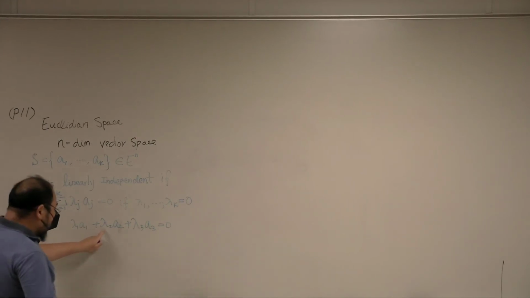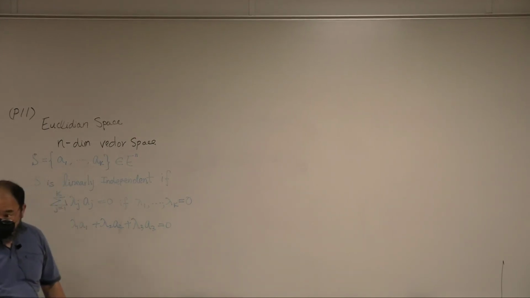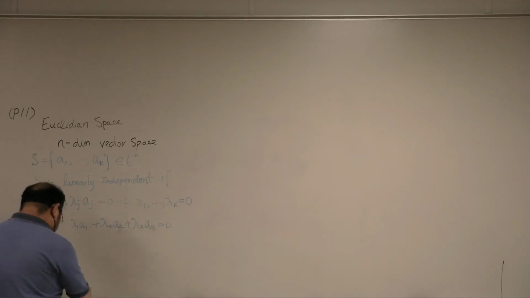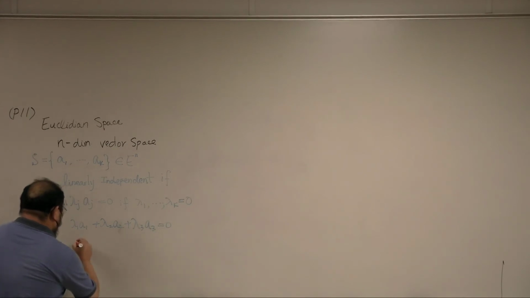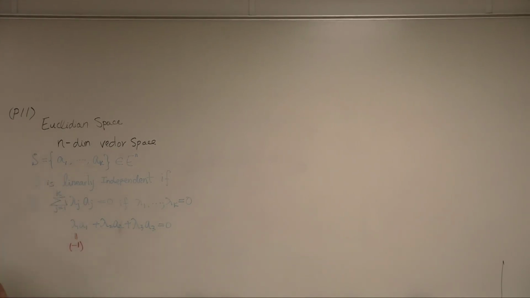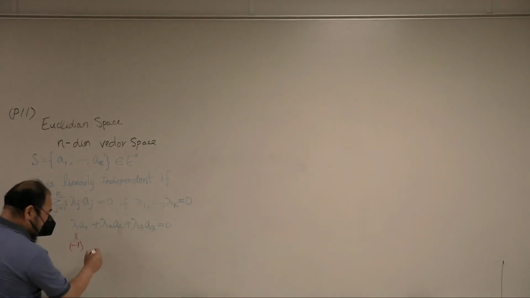If lambda 2 and 3 are equal to 0, however, lambda 1 equals -1.